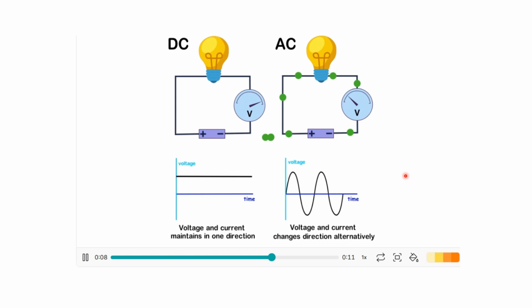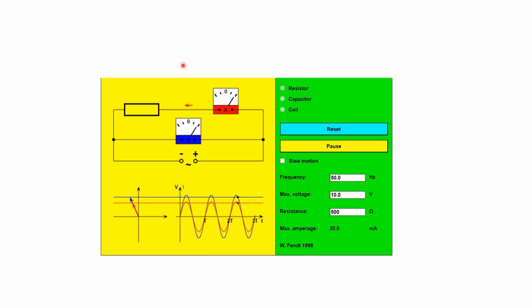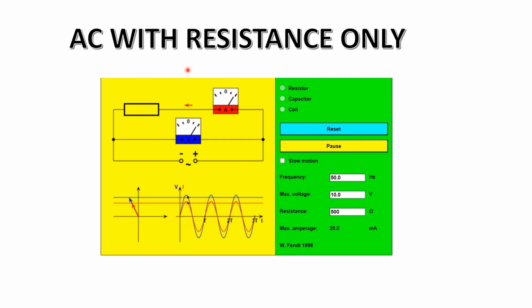So what you would expect is that when you connect a bulb to an AC source, the bulb should flicker or go on and off periodically, but this does not happen. Why it continues to glow even in AC, we will see later in the course.